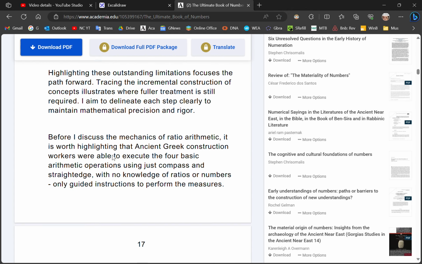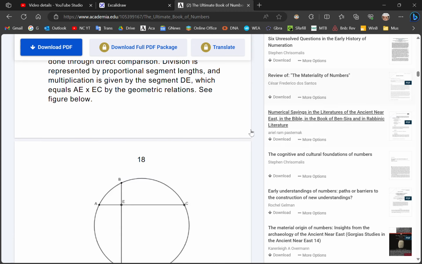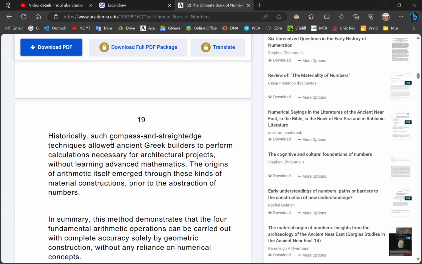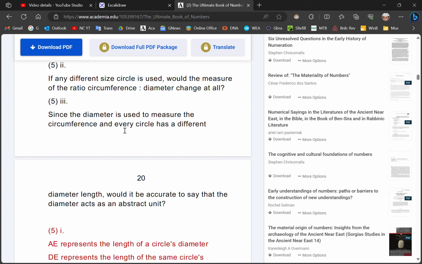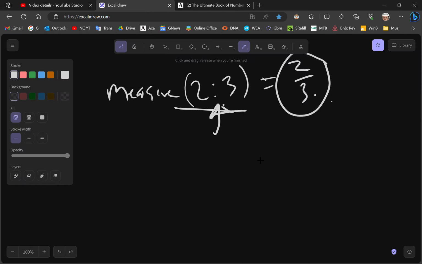And of course, I give you a lot of information in this booklet, and I explain to you how ancient Greek construction workers were actually able to do all the 4 different operations of arithmetic with 100% accuracy without even knowing a thing about number. So all they knew how to do was to use a compass and a straight edge.